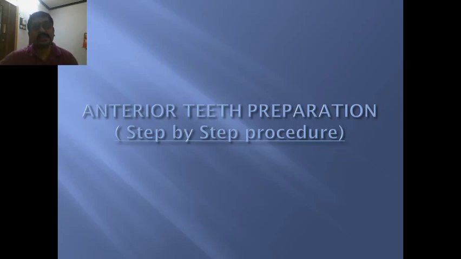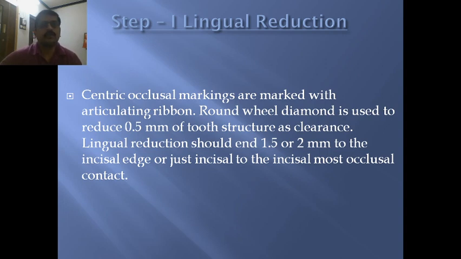Now we will go with the step-by-step procedure for the anterior teeth preparation. In the first step, we will go with the lingual reduction. As the first part of the first step, we will make centric occlusal markings using articulating paper.